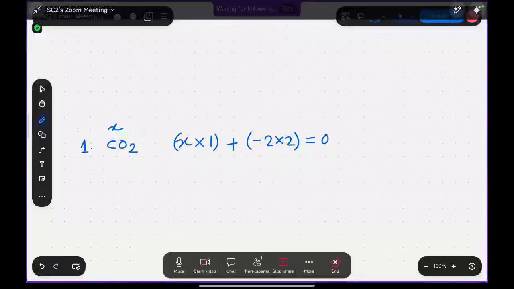I hope you have gone through the previous video, where I told you that oxygen can have many oxidation states. Oxygen can exist as oxide, which we say as O minus 2. Whenever we say O2 2 minus, or you can say O minus 1, that is called peroxide.